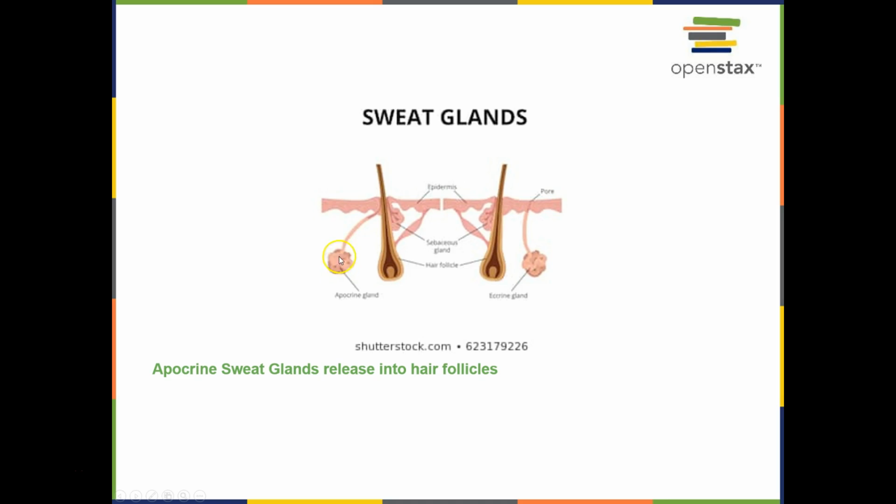So their sweat is a more oily sweat, whereas eccrine sweat or merocrine secretions are very watery secretions. Apocrine secretions are oily. So the sweat that they release is that kind of creamy sweat that most people associate with stress.